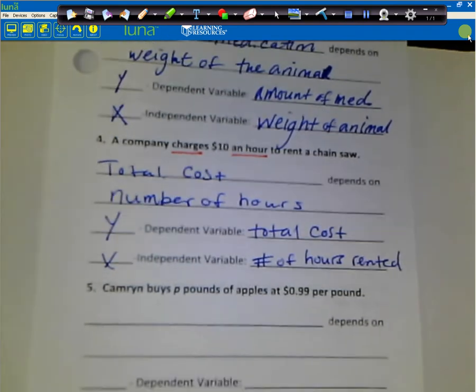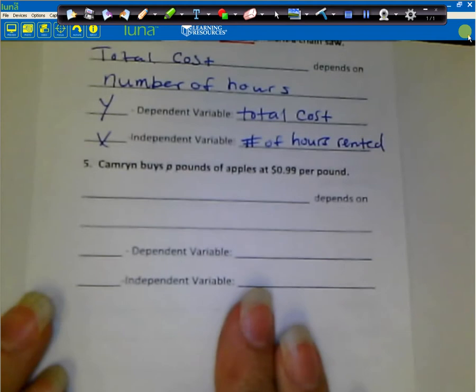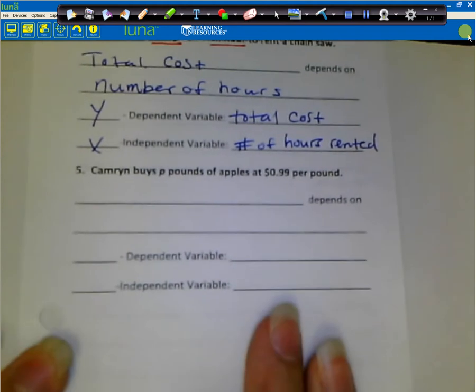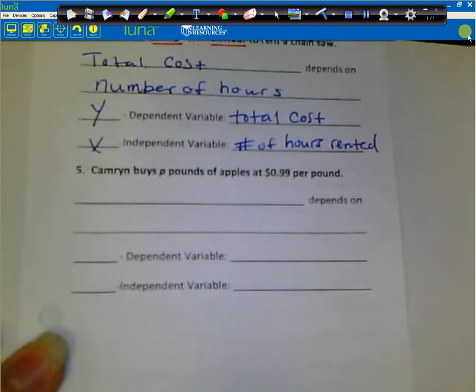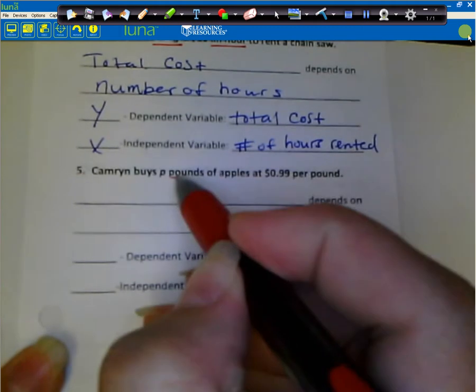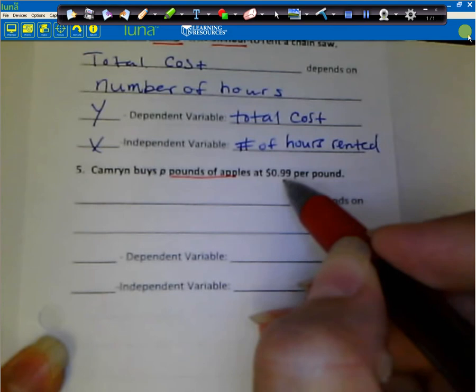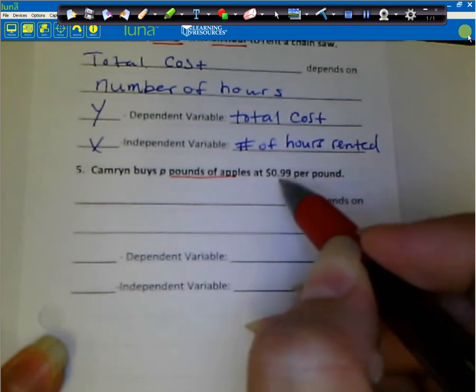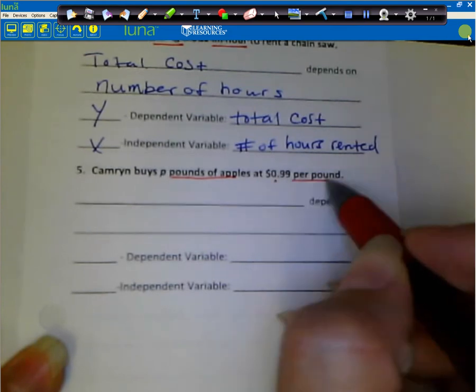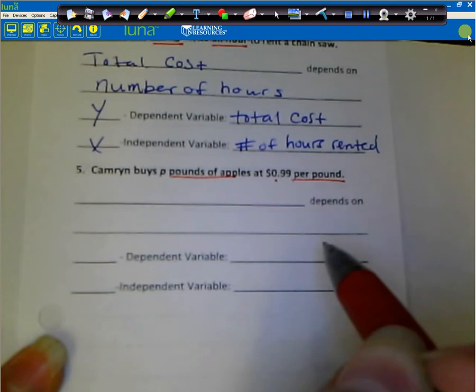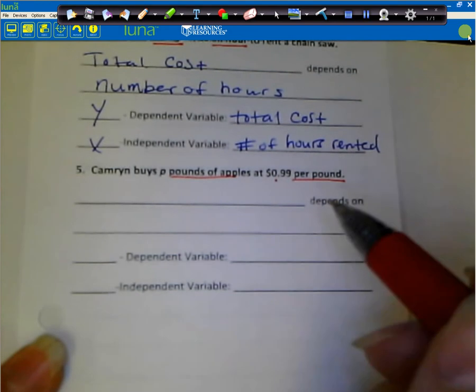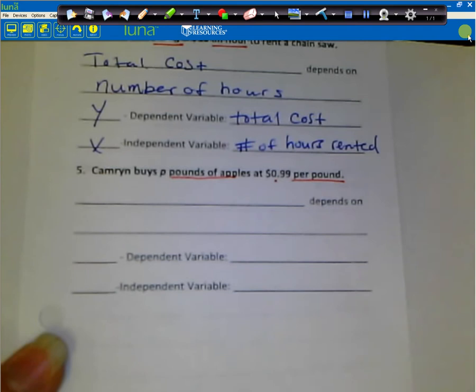All right, number 5. Cameron buys P pounds of apples at 99 cents per pound. Those are some really cheap apples. Pounds of apples and the price per pound. The total cost, again, we're looking at the total cost.